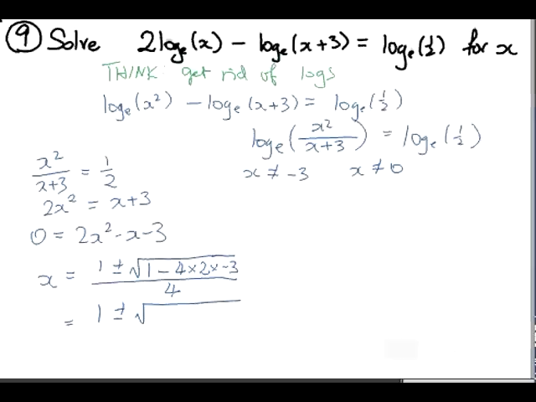1 plus 24 is, oh look, plus or minus root 25, so it's going to come out okay. So 1 plus or minus 5 over 4. 1 minus 5 over 4 is going to be negative 1, and 1 plus 5 over 4 is going to be 6 on 4, or 3 on 2.